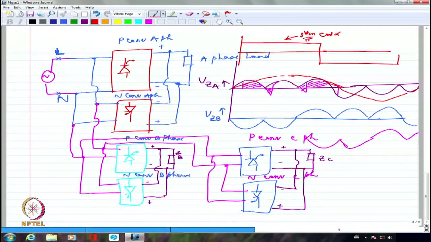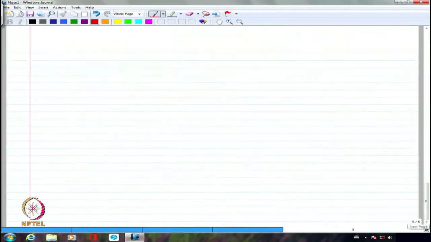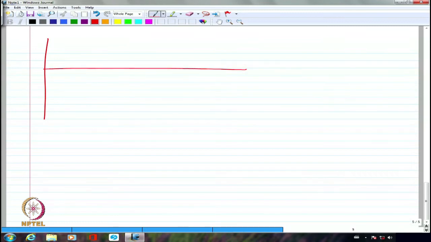So motor drives will not accept generally anything other than sinusoid. So how am I going to really get a sinusoid? That is what we will have to think about. So if, let us say, my output wave is having maybe 5 or 6 half cycles like this.